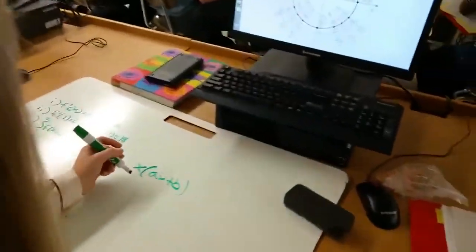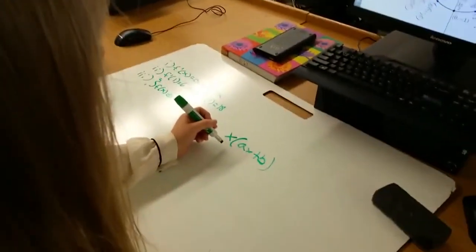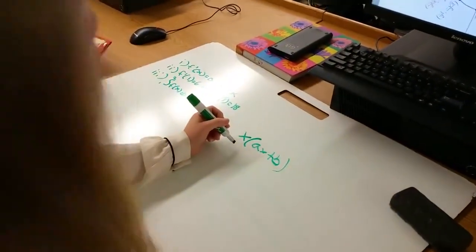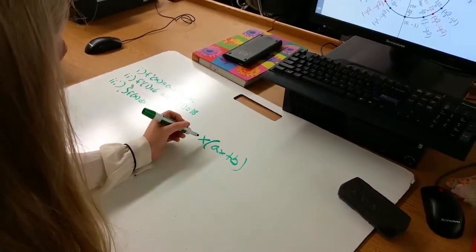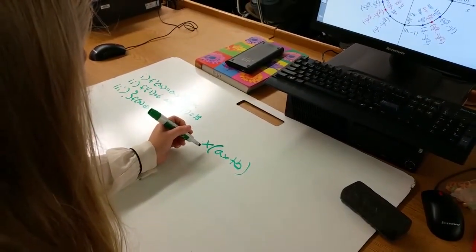So you plug in 1 for x. If you plug in 1 for x, so a is... Show your work, guys. You can show your boards. We're going to present. Oh, that makes sense.